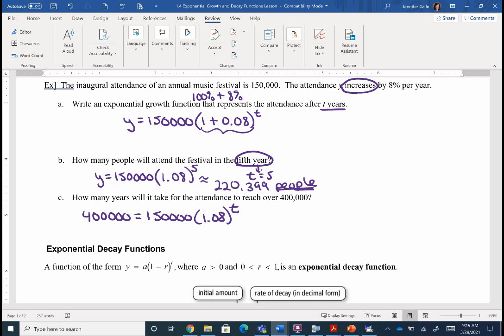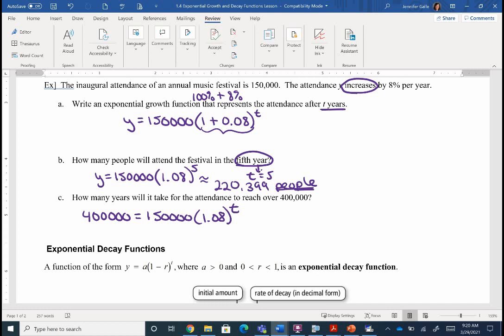So in this case, I know my final amount, 400,000, and I need to figure out the time, how long it's going to take me to get there. Now, this isn't as simple as putting that in our calculators. We're not going to learn algebraically how to solve these this year. When you get to Algebra 2, you learn how to algebraically solve these. So we're going to rely on our technology.